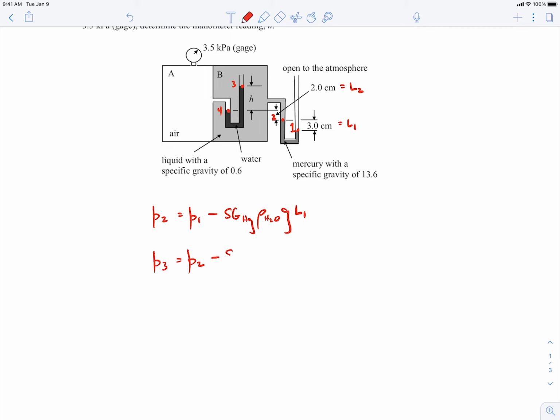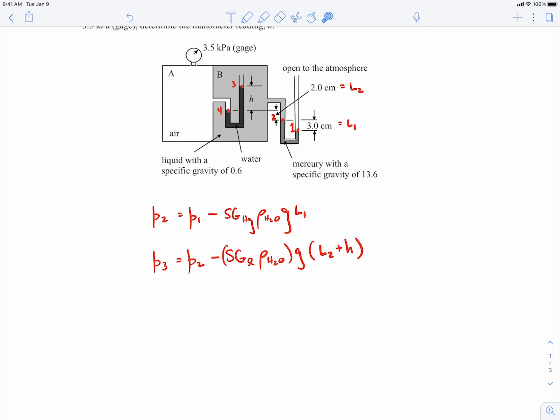So we're moving upwards, so we're subtracting some weight. So this is the specific gravity of this liquid. I'll just call it little l, just for the liquid, times the density of water. So this combination here gives me the density of that liquid, times g times the distance of L2 plus little h. So that now gives me the pressure at 3.